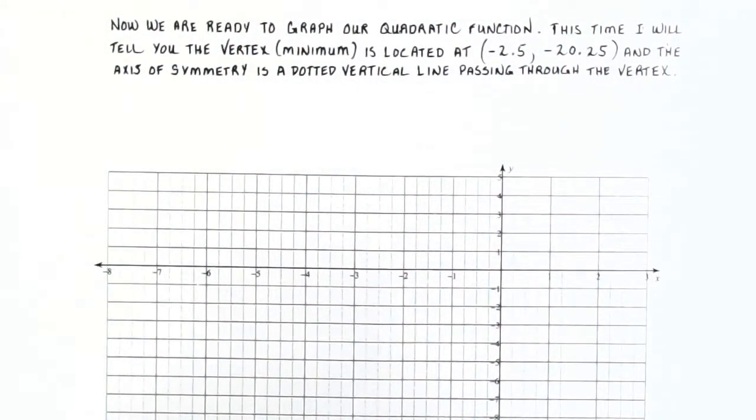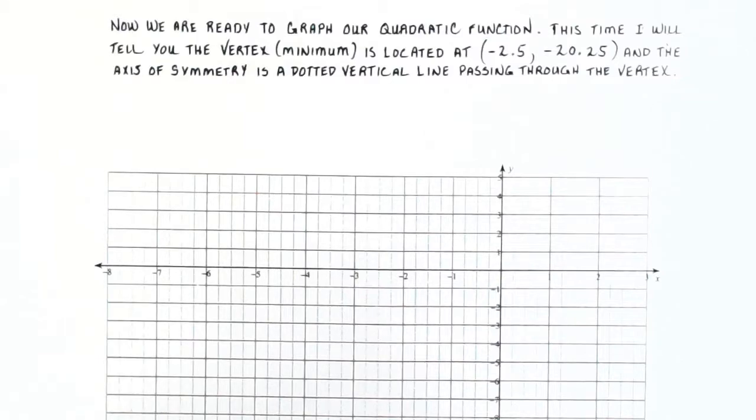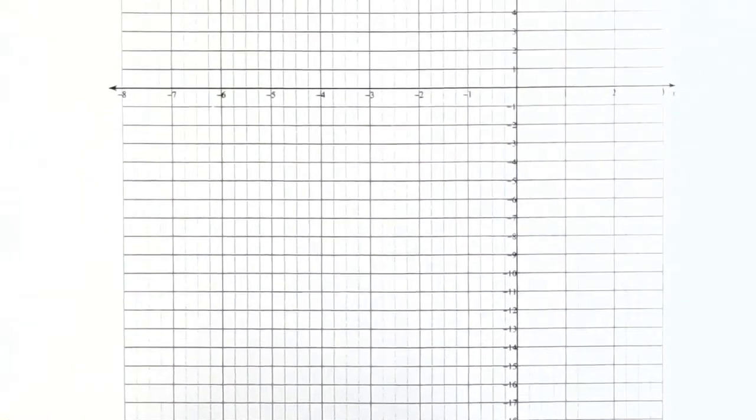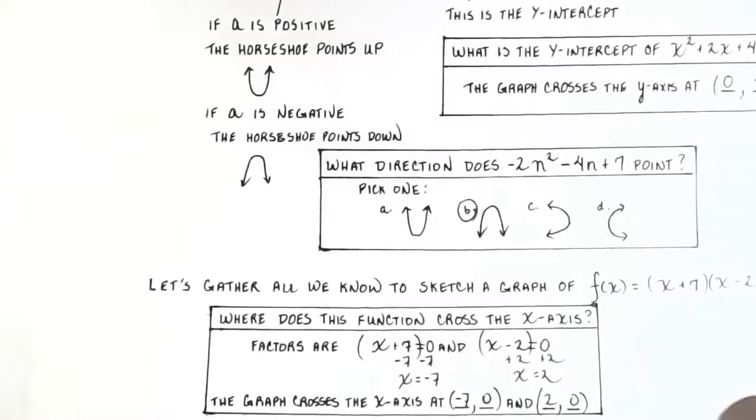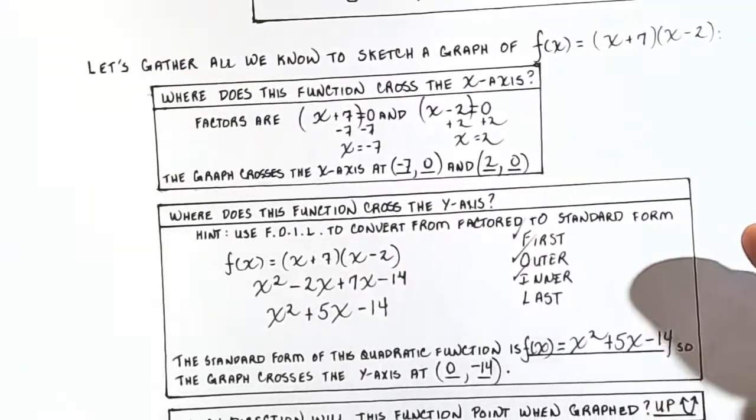So we're going to take our information that we have and plot the quadratic function on this huge graph right here. So I'm going to be referring back to this page to get information I need in order to graph the function. The first thing I'd like to plot are those zeros, okay? That we call the zeros the places where the graph crosses the x-axis.